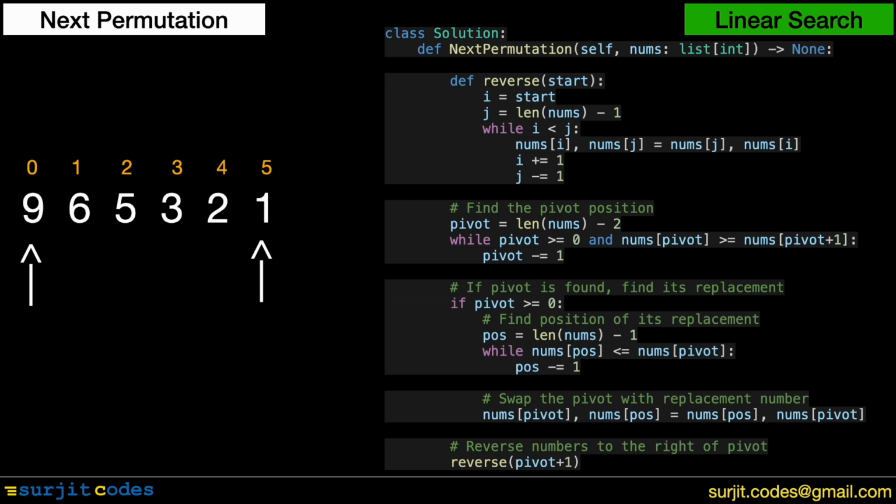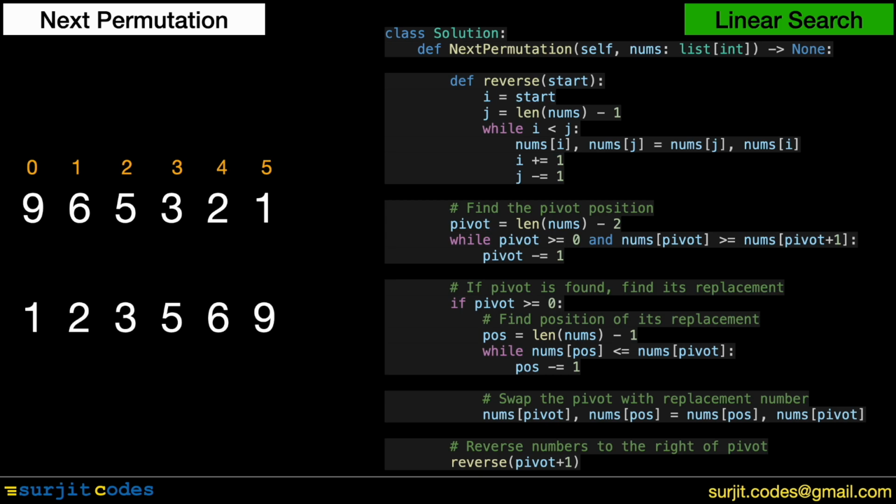Also remember again that if all the numbers are in the descending order, the value of the pivot becomes -1. In this case, swapping of the number with the pivot is skipped and the execution directly moves to the next step in which the order of all the numbers will be reversed.